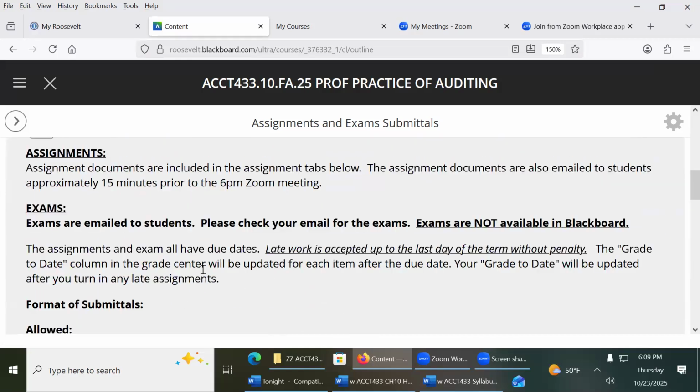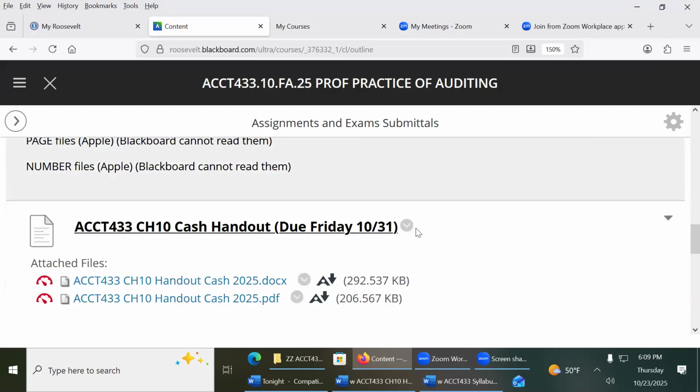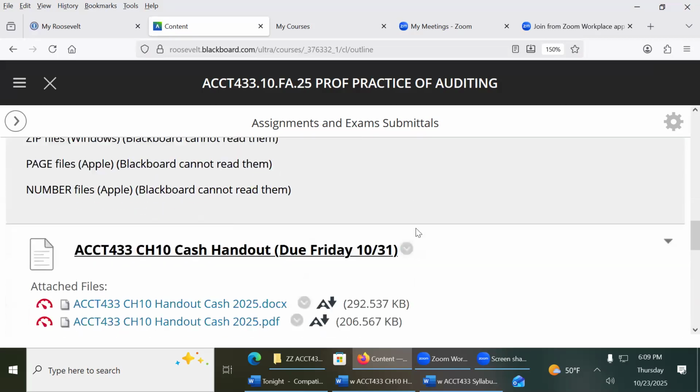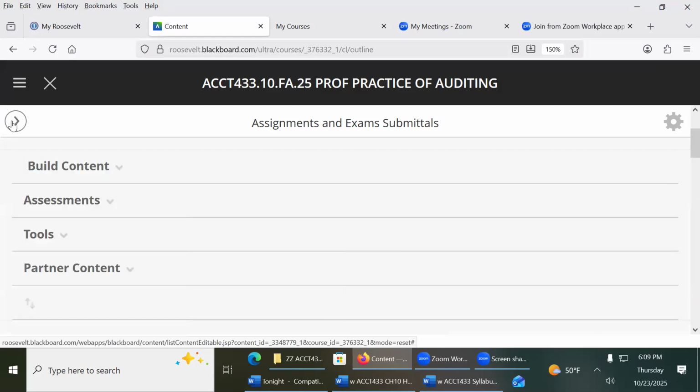Exams are emailed or given out in class because there's going to be different versions of them. For that reason, I send them out in an email. But everything else, and they still get turned in through Blackboard. Okay, so I'm going to go ahead and show you how we put an assignment in here.